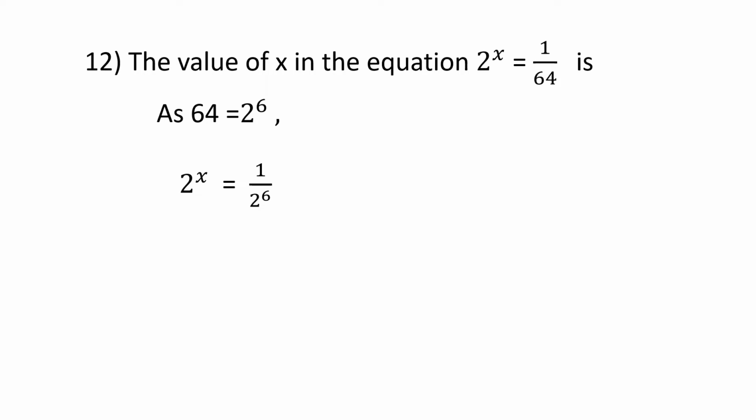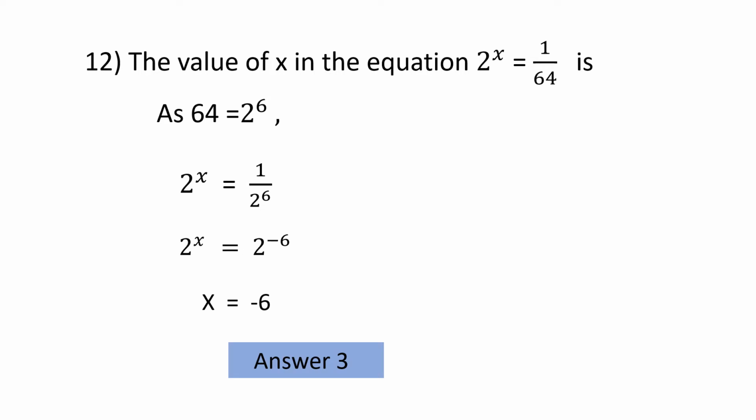You can write 1 over 2^6 as 2^-6. So now the bases are equal. You can make the indices equal. That is, x is equal to -6. The answer is answer 3.